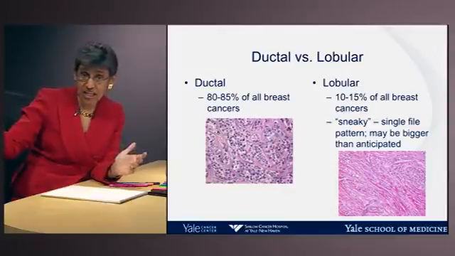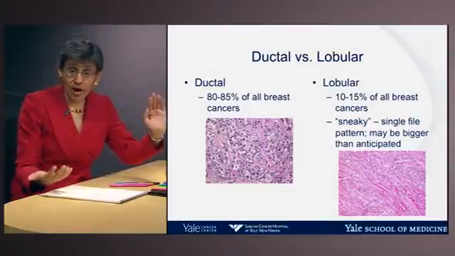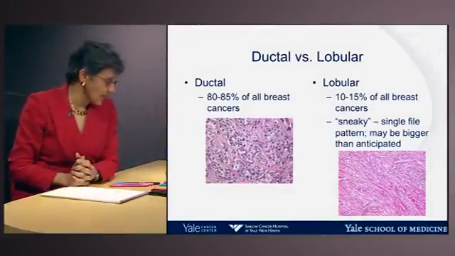Well, when we think about breast cancers, the other thing to think about is where they came from, the cell of origin. And this is often called the histologic subtype. Histology is what the pathologists look at under the microscope when they look at the architecture and the cells of origin of these cancers. Remember that the two main histologic subtypes for carcinomas of the breast are those that come from the ducts, which are the vast majority, 80 to 85%, and lobular, those that come from the lobules of the breast, 10 to 15%.